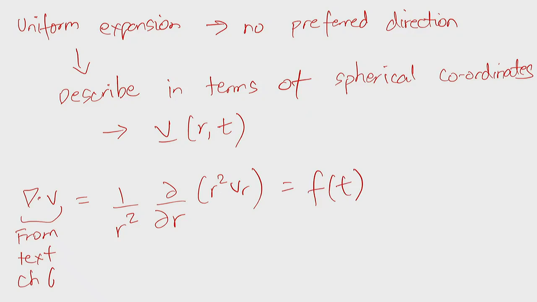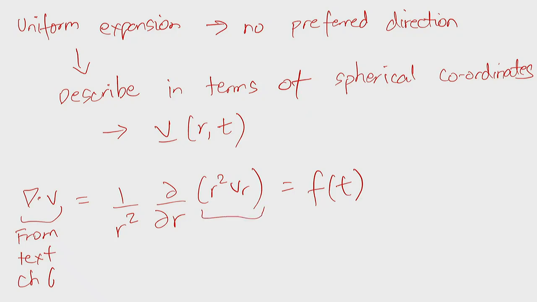Then what we can go ahead and do is to evaluate vr essentially by moving r squared over and then integrating with respect to r, or rather taking r squared over, using the chain rule to expand out the term that's in the bracket on the left hand side.